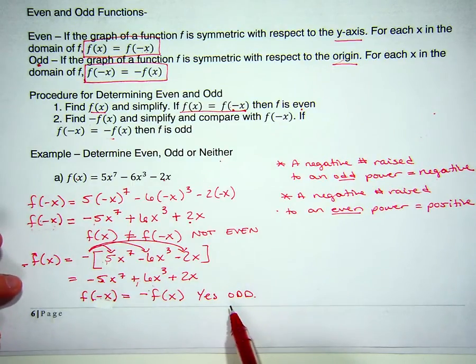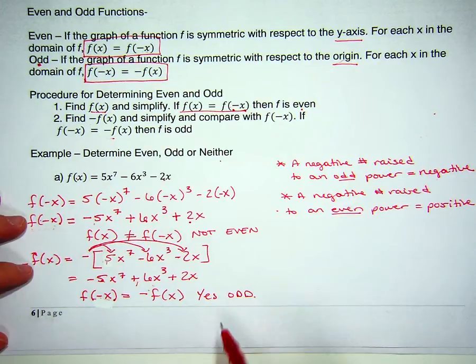There, of course, is always a quick step to mathematics, and that's understanding the rules behind it. So if we understand these rules, we can talk about the quick way of figuring out if a function is even or odd. Let's talk about the powers. If a function has all odd powers, then the function is odd.